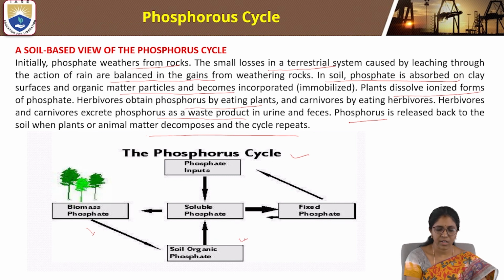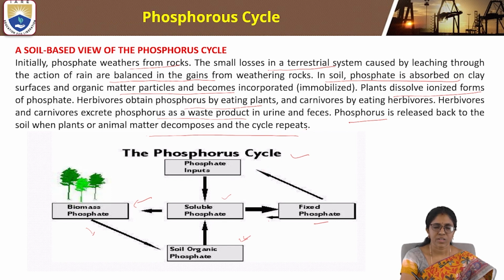This is a soluble phosphate, which is again used by the biomass, the trees, and some of this soluble phosphate acts as a fixed phosphate. It is used for fixation. This fixed phosphate is again used as a phosphate input. So this is the soil based view of the phosphorus cycle.